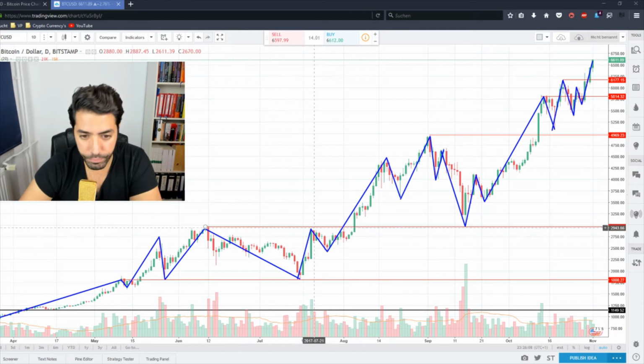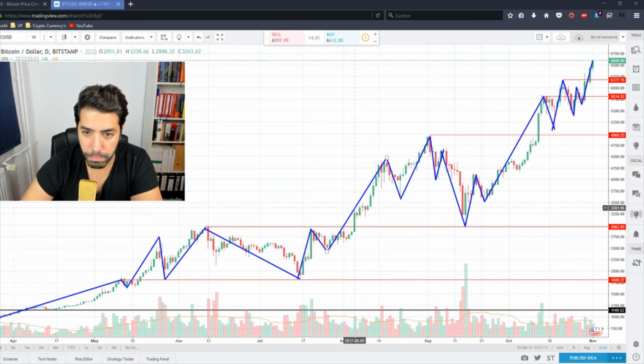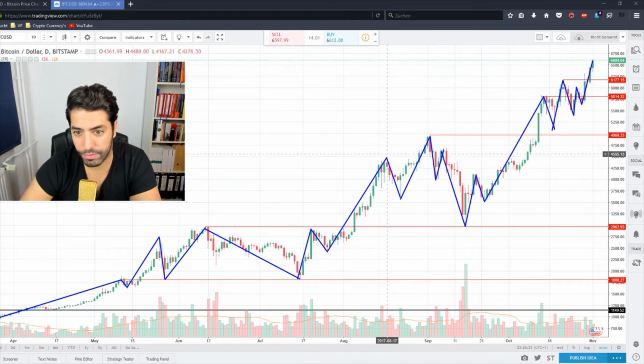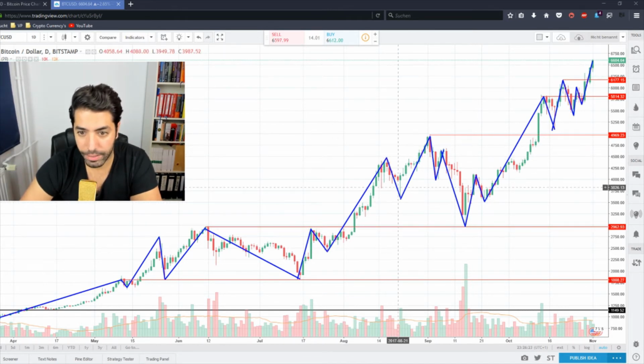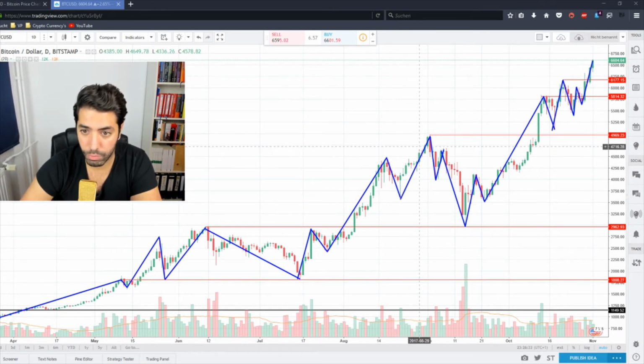Okay. Touch the support line, a resistance line, came back, higher low, and then break through. Boom. You see from 2,900 up to 4,500. Pullback. So higher high, higher low, little pullback or correction, however you want to call it, and then we went up for a new high.